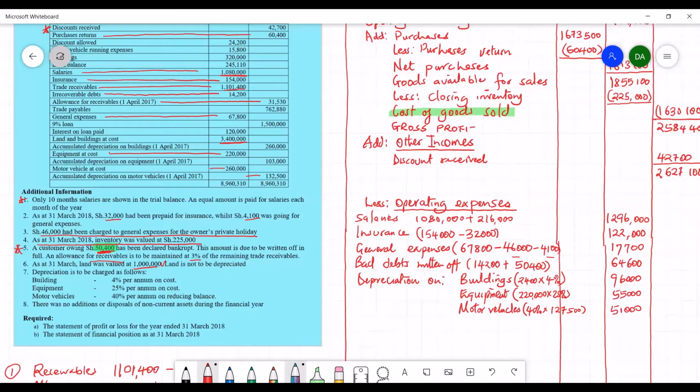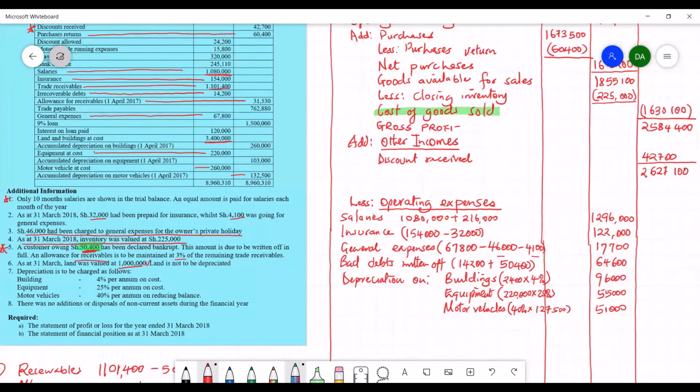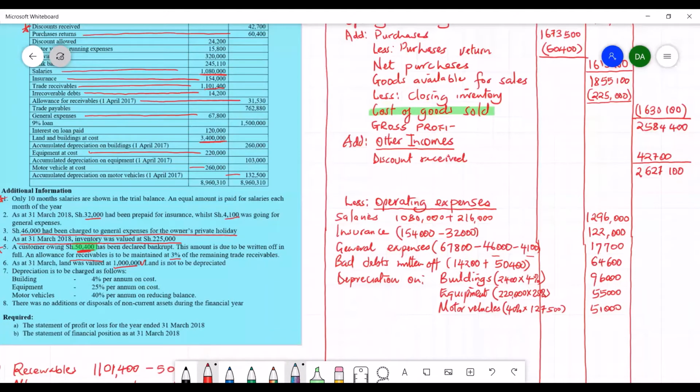So that is all with the expenses in the additional information. Let us look at the other expenses in the trial balance that we have not looked at in the additional information. There are some expenses which are in the trial balance, but they don't have any additional information. They don't have any adjustments, and therefore they are picked directly the way they are. So such expenses will include the following expenses.